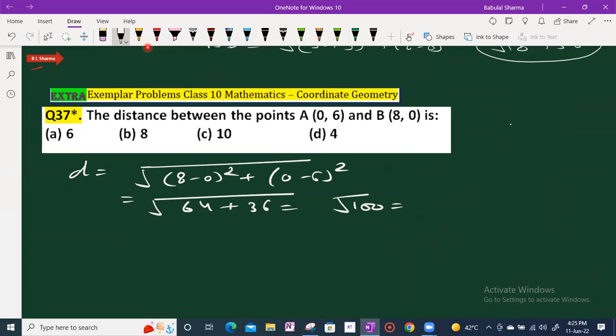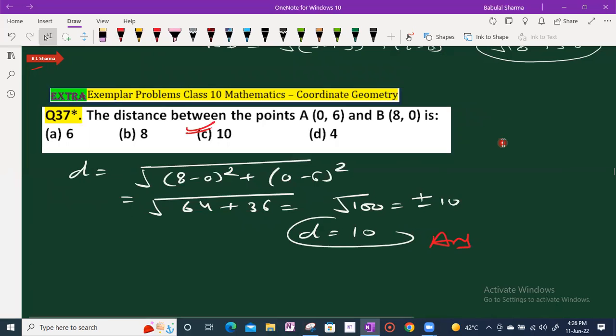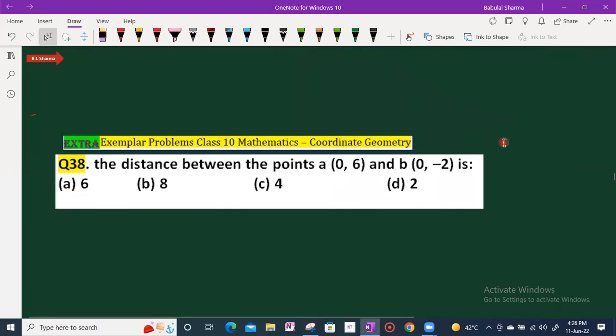Square root of 100 is plus minus 10, but distance is always taken positive. So what is the distance? Distance is 10 unit. Next question.